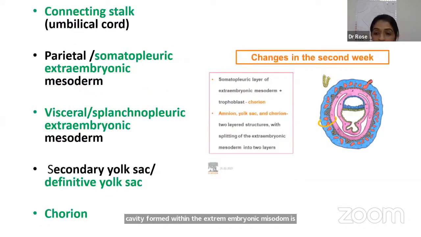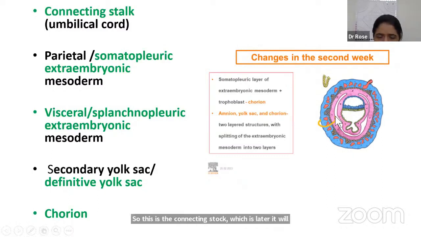Here you can see this purple colored thing is the extraembryonic mesoderm, and the cavity formed is the chorionic cavity. The connecting stalk is getting transformed into the umbilical cord. You just imagine this part getting obliterated; it will just fall off, right? So this is the connecting stalk, which later forms the umbilical cord.